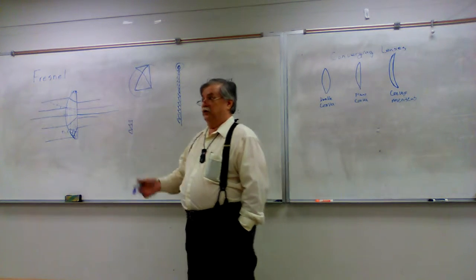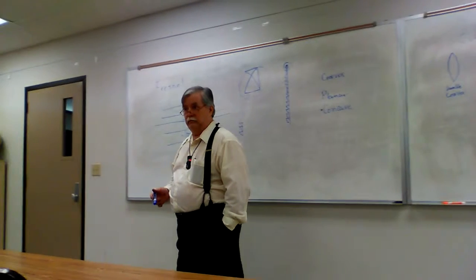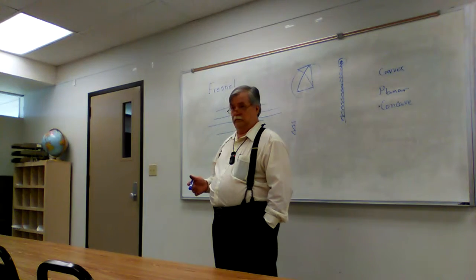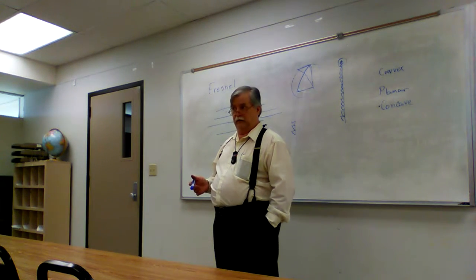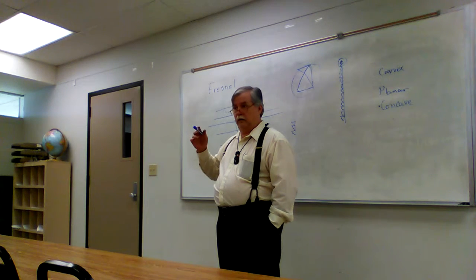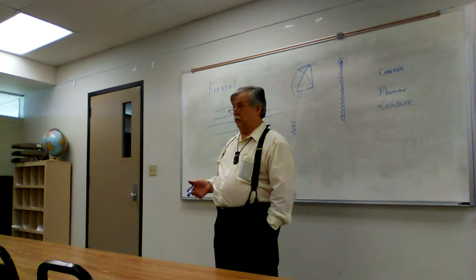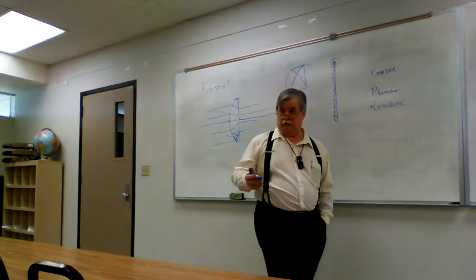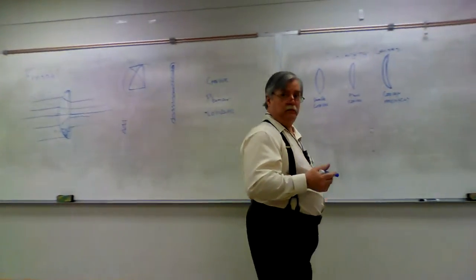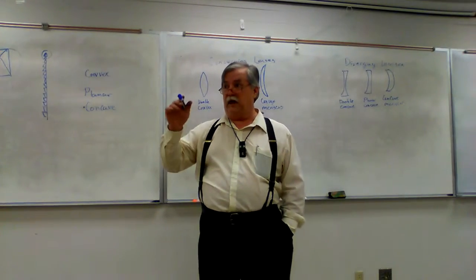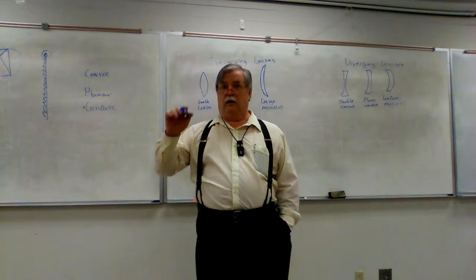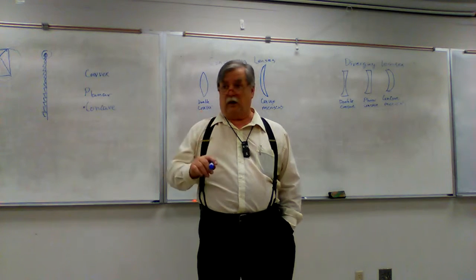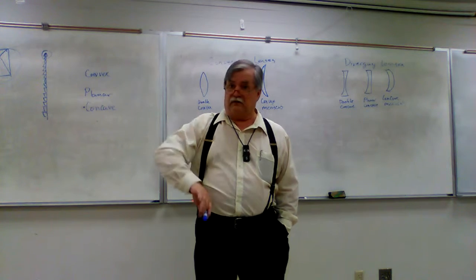How did we get it close enough that it didn't matter? You'll really need to remember this. How do we combat spherical aberration in mirrors? By keeping the diameter of the mirror much, much smaller than its radius of curvature.